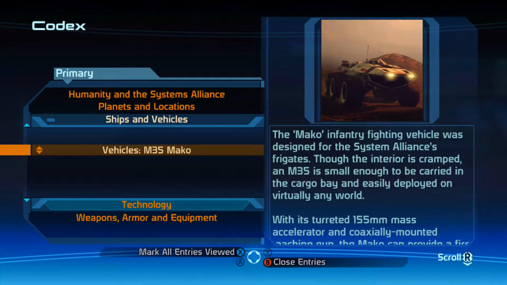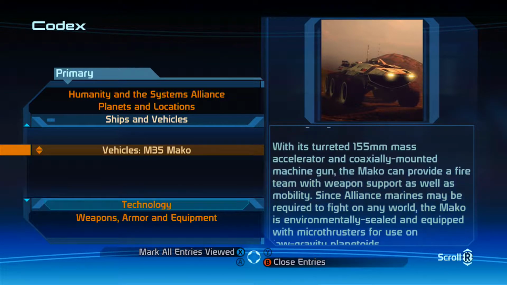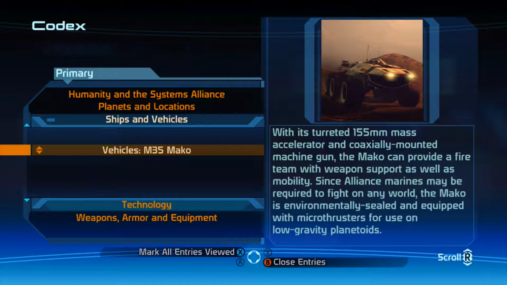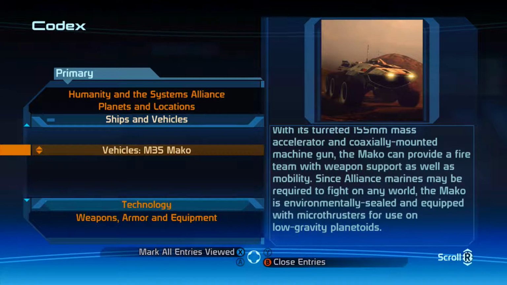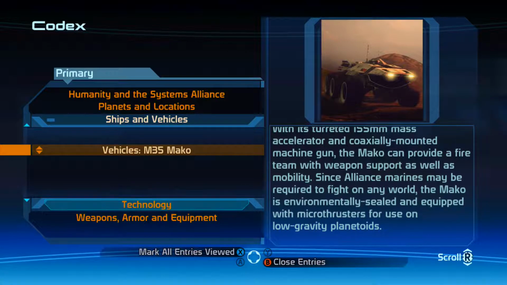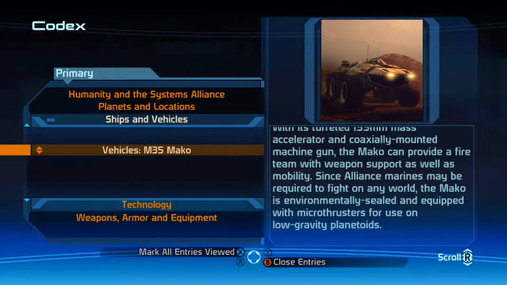The Mako infantry fighting vehicle was designed for the System Alliance's frigates. Though the interior is cramped, an M35 is small enough to be carried in the cargo bay and easily deployed on virtually any world. With its turreted 155mm mass accelerator and coaxially mounted machine gun, the Mako can provide a fire team with weapon support as well as mobility.